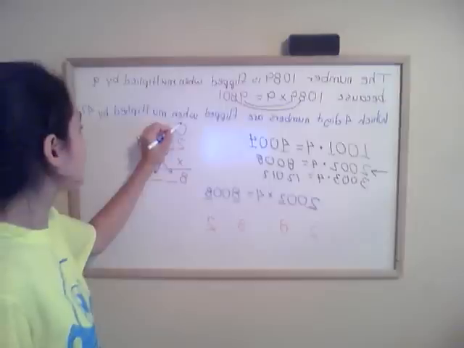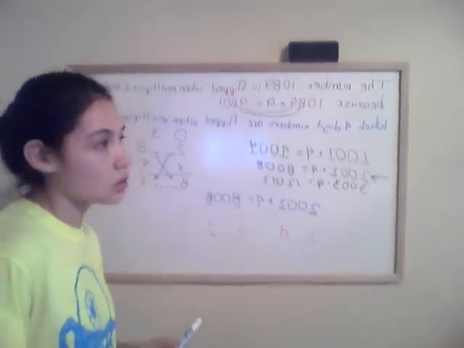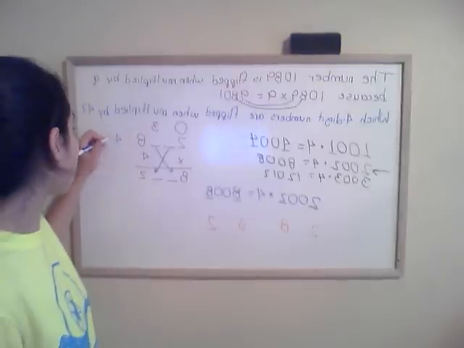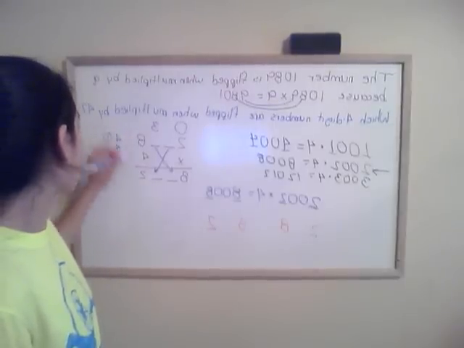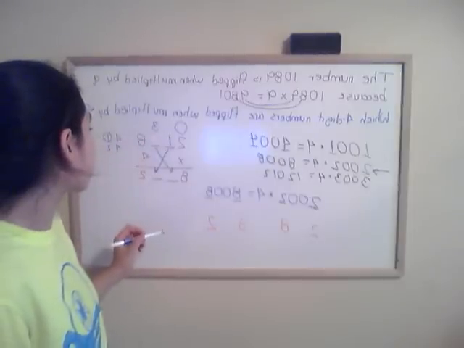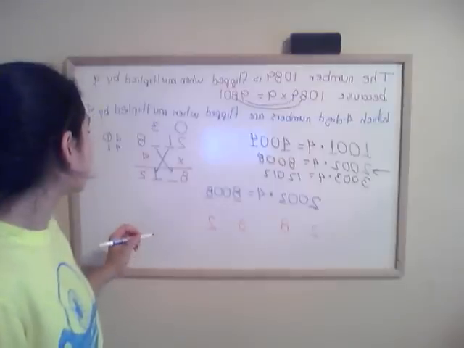The numbers that we can try, where the result won't be bigger than 10, would be 4 times 1 or 4 times 2. So we can try 1 first. So we put a 1 here, and this has to be the same as this, so we put a 1 here.